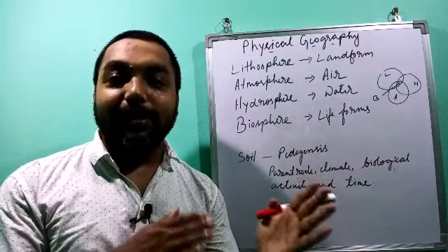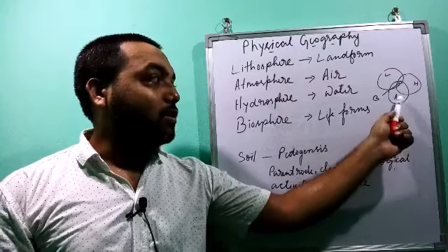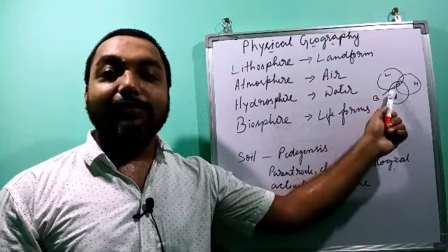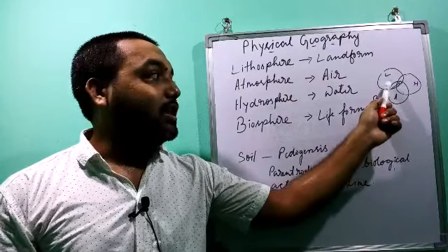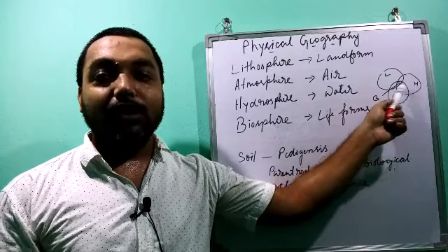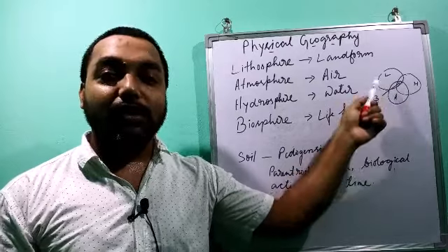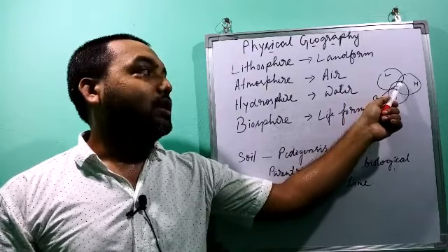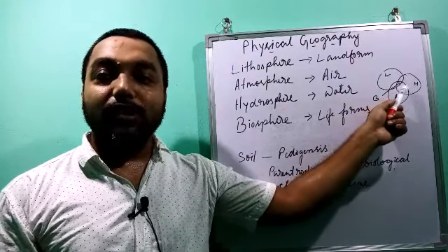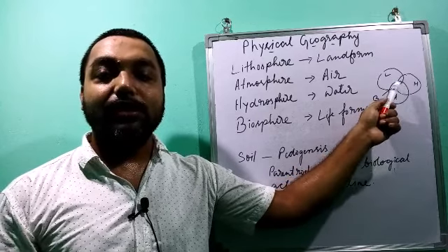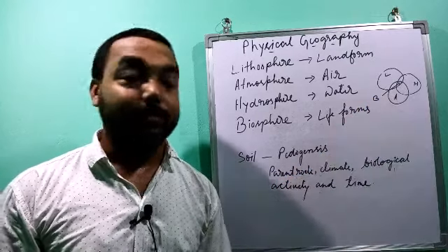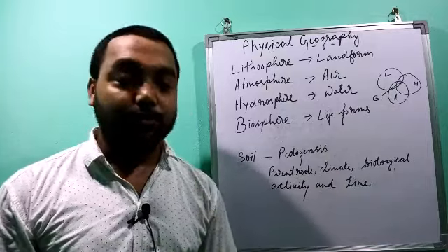If there is only air and water, then life cannot exist. If there is only land and water, then also life cannot exist. So for the existence of life, all these three components are needed. Only in the area where these three components are equally available is the biosphere. So here only life is found.